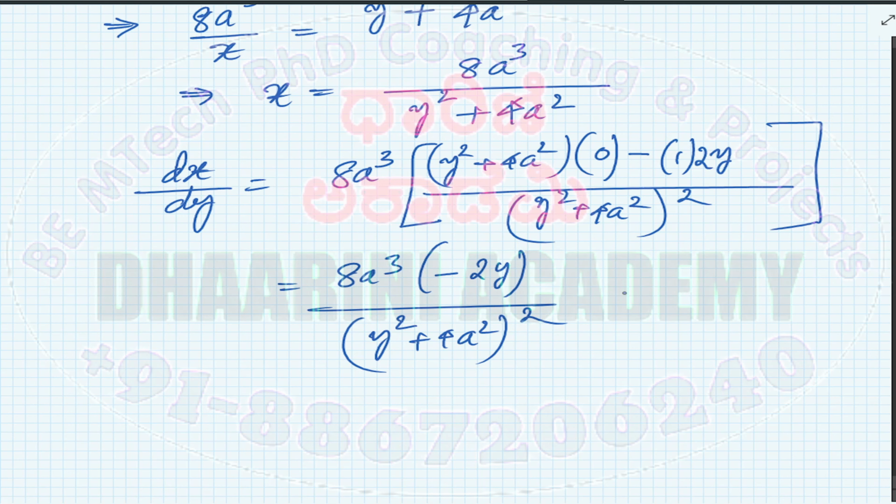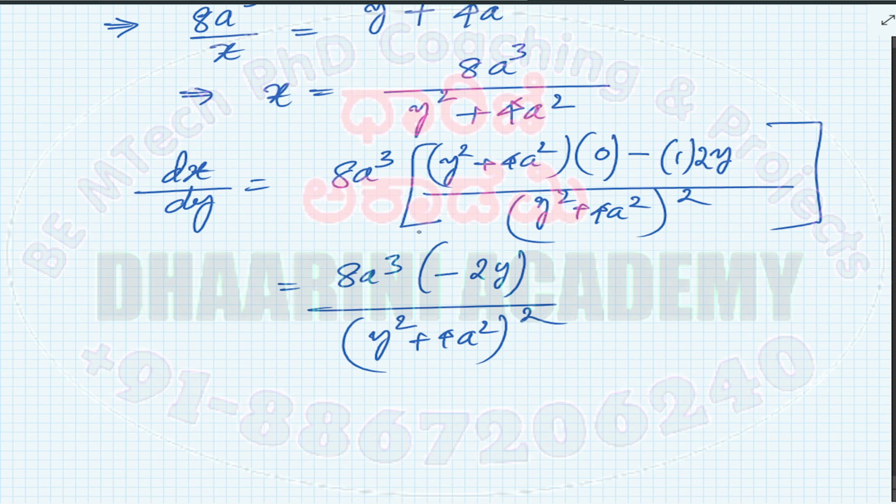So now I think we can reduce this by using the term x. x is nothing but 8a cube by y square plus 4a square, right? This is x now, correct?